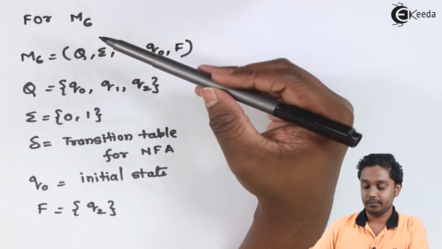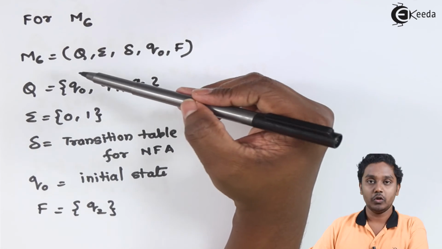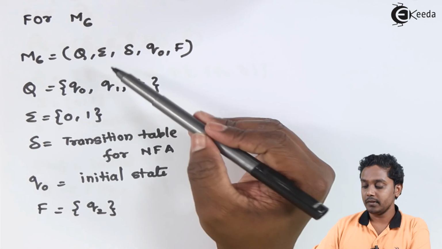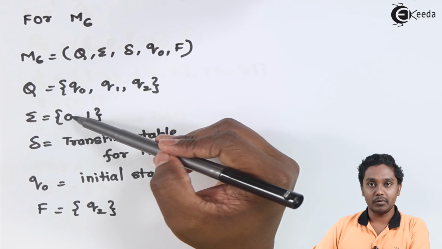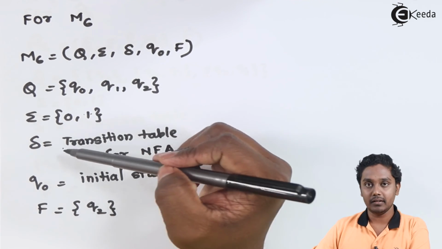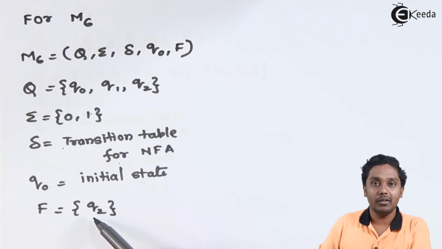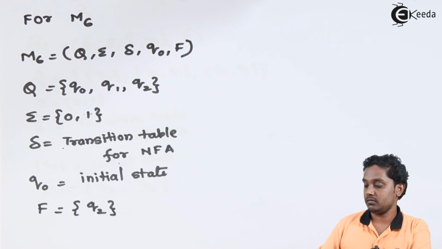As you can see, for M6, Q is a set of states, which is Q0, Q1 and Q2. Sigma is the alphabet 0 and 1. Delta is a transition function for the NFA. Q0 is the initial state. F is the final state, which contains Q2 in this case.